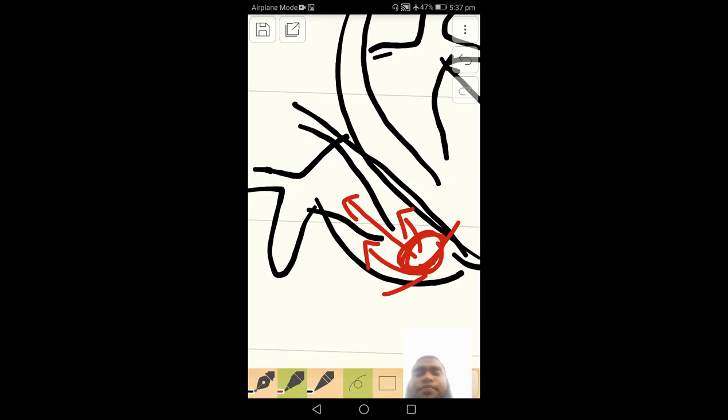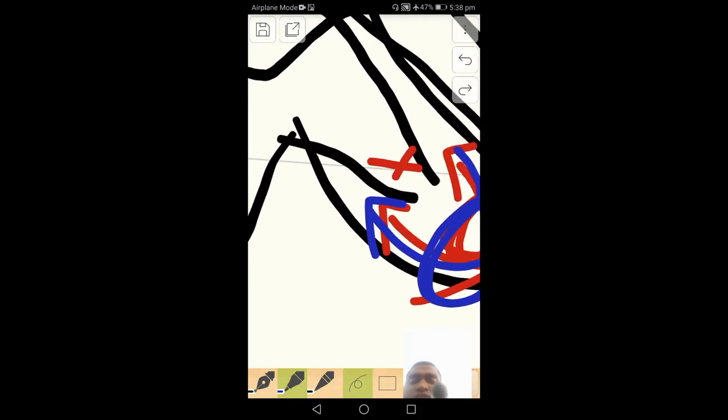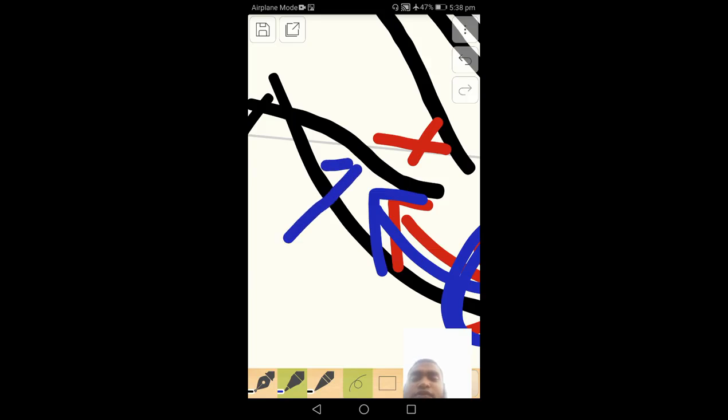But look, this actually does not happen. The blood does not return to the atrium. Why? Because when the ventricle contracts and the blood starts to flow up, it creates a sideways force on the valve.